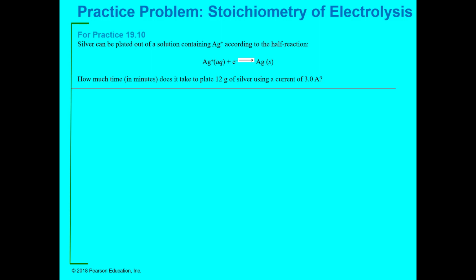So it wants to know the time in minutes this time, okay? So we got grams equals minutes times 60 seconds per minute times coulombs per second, times Faraday's constant, 1 mole of electrons per 96,485 coulombs, times 1 mole of element per moles of electrons, times the molecular weight of silver this time in grams per mole.